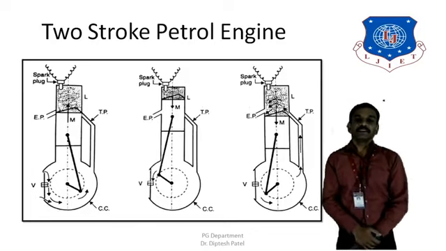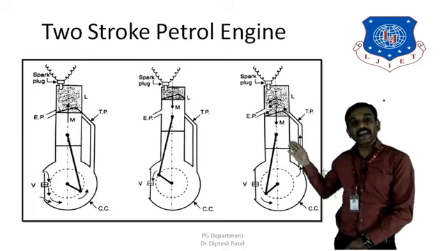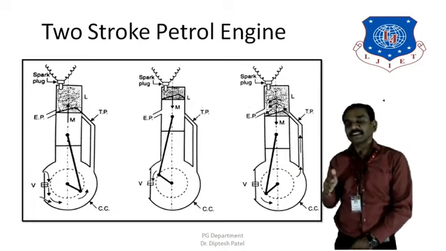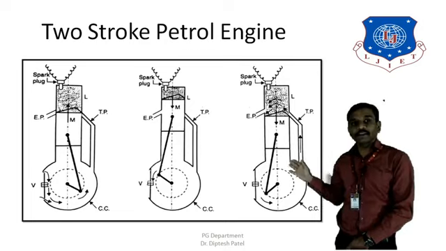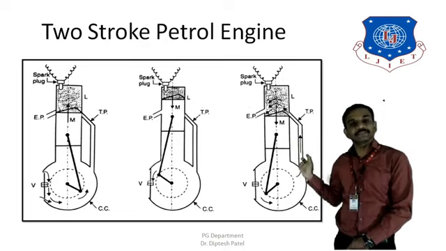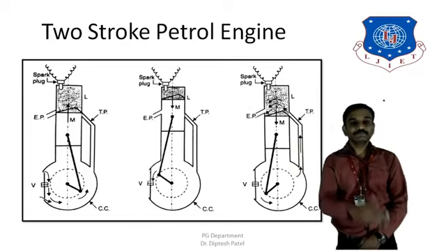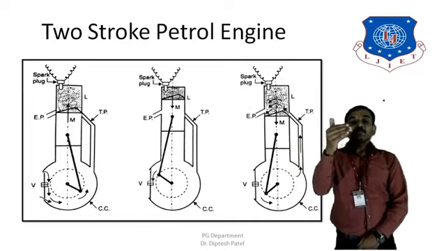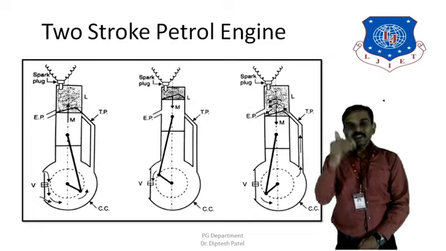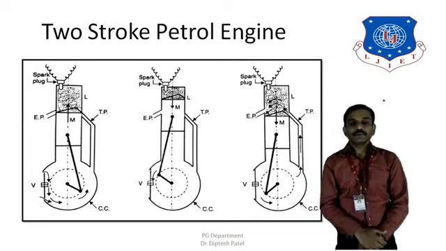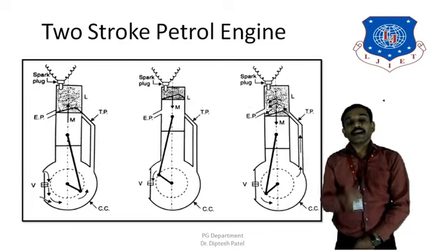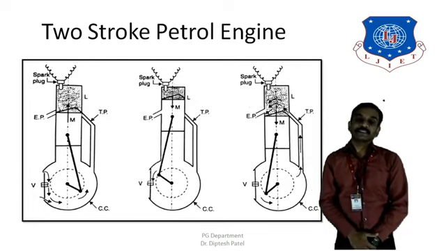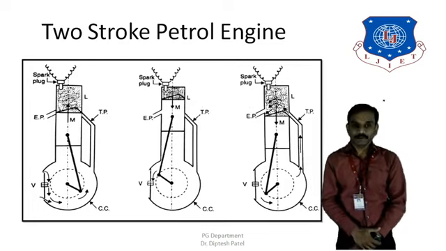All 4 different processes take place in a 2-stroke, and that's why it is known as the 2-stroke engine. So you can see it has the exhaust port. Instead of using valves, it uses ports. So it has the exhaust port, inlet port, and the transfer port as well. So basically when the piston is moving from TDC to BDC, due to the power which is available in the cylinder, both the exhaust port and the transfer port would remain open.